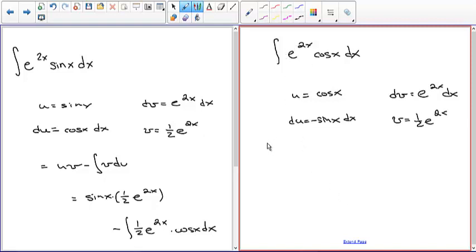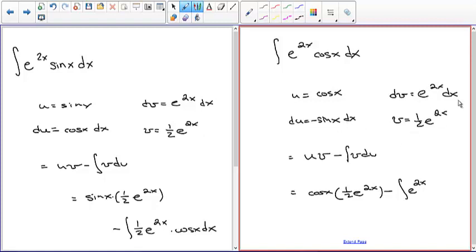So I plug those in. The integral of u dv is equal to u times v minus the integral of v du. So I get the cosine of x times 1/2 e to the 2x, u times v, minus the integral of v, which is e to the 2x times du.